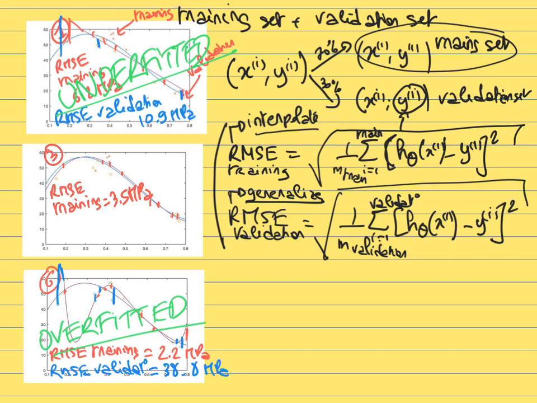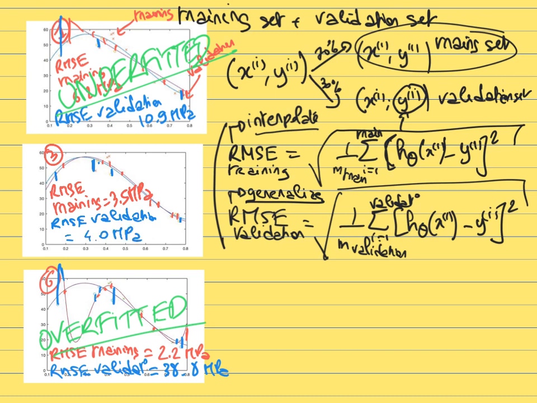But the real test is to look at the ability of the model to generalize, to predict the validation set. So if we look at the validation set, again, it's not perfect, but it's doing a fairly decent job at predicting the validation set. So when you look at the RMSE for the validation set for this model, what you find is that it is about 4.0 megapascal.